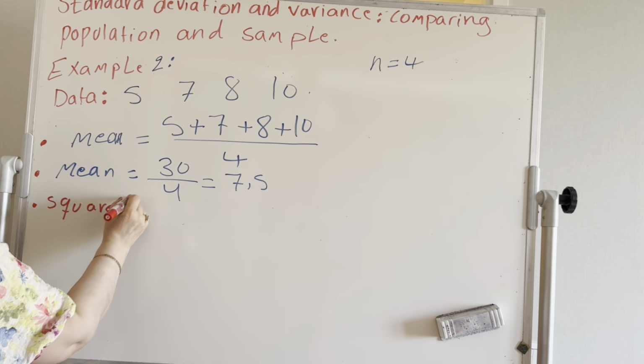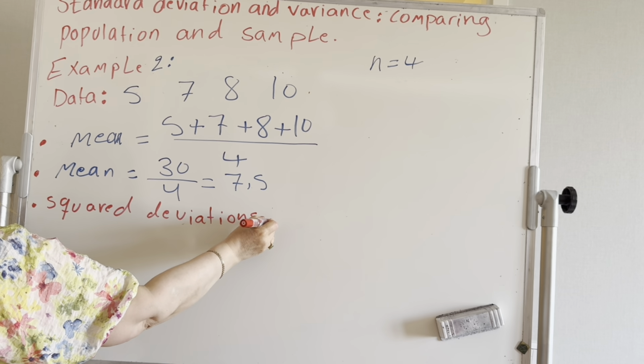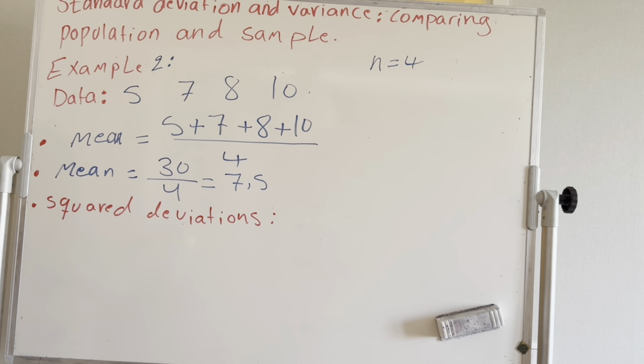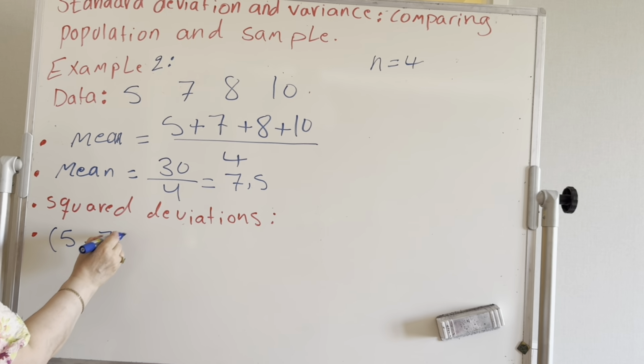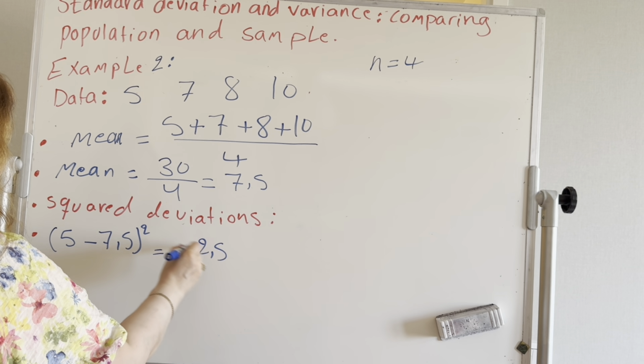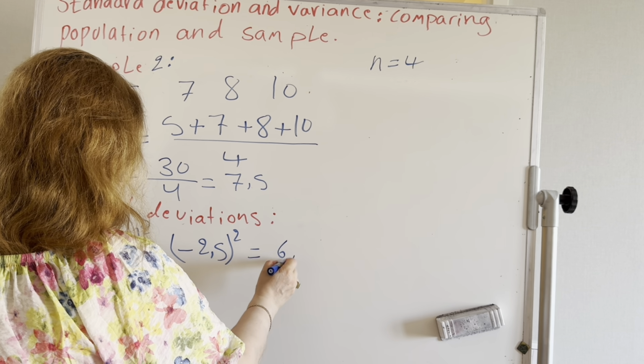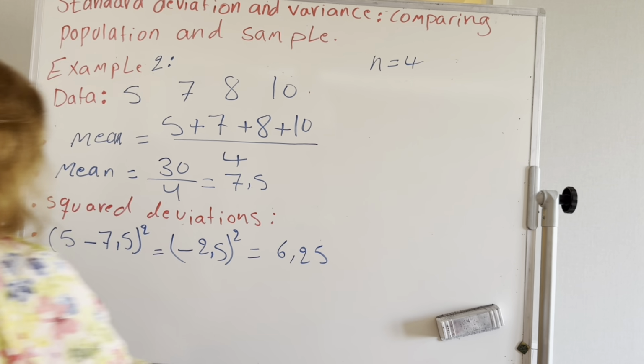Squared deviations. First, 5 minus 7.5, squared, equals minus 2.5 power 2, equals 6.25.